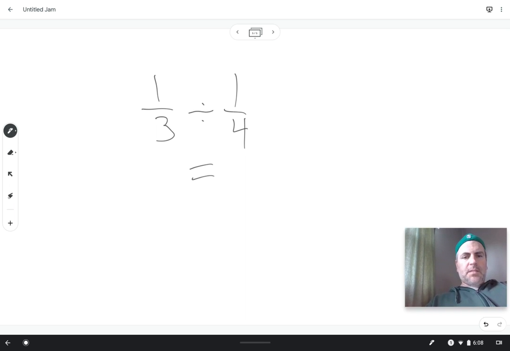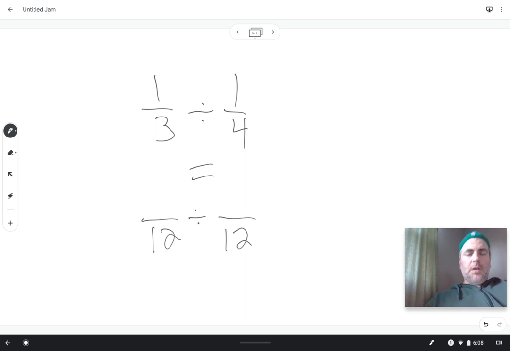So I'm going to rewrite this expression underneath. I'm just going to kind of work the bones out here. I'm not multiplying by the reciprocal. This is a way we can do this without multiplying by the reciprocal of the divisor. So 1/3, how many 12ths would that be?